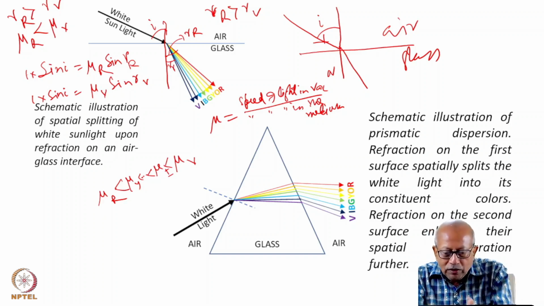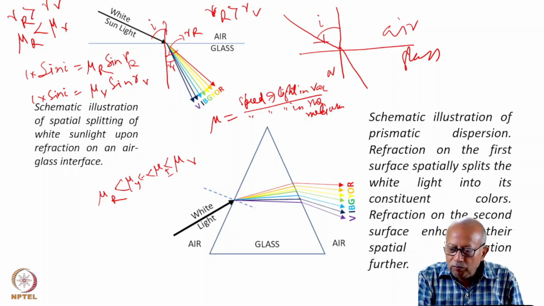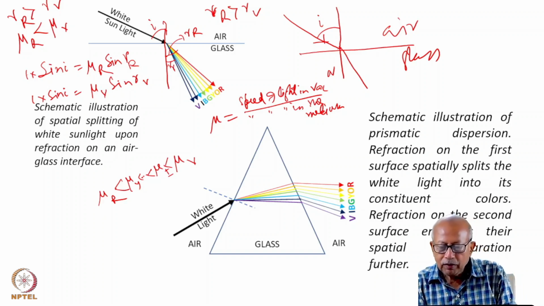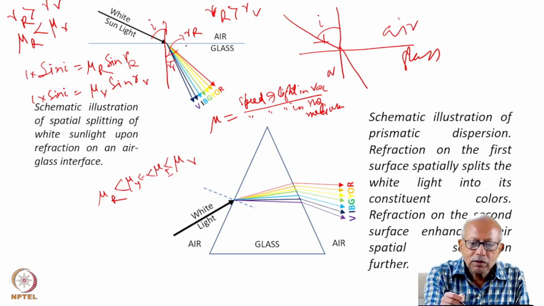Now, in the case of a prism, this shows the illustration of prismatic dispersion. Refraction on the first surface will spatially split the white light into its constituent colors.